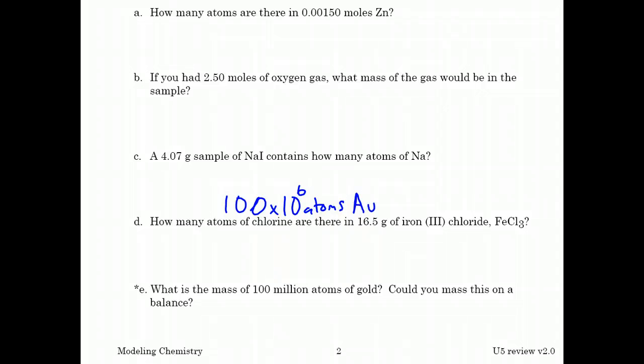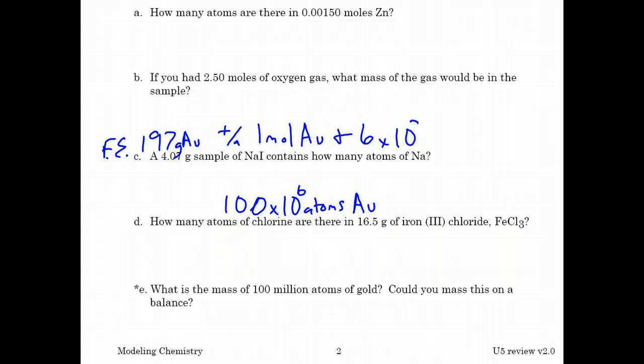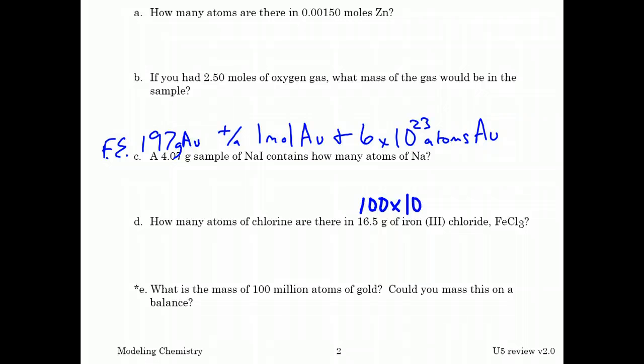Okay, so I know that, and I know also that for every 197 from our periodic table grams of Au, there are 1 mole of Au and 6 times 10 to the 23rd atoms of Au. And we said that we had 100 times 10 to the 6th atoms of Au.